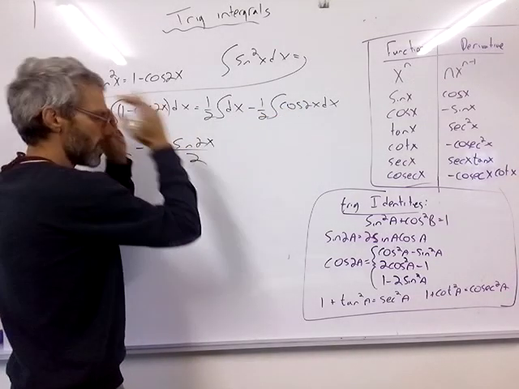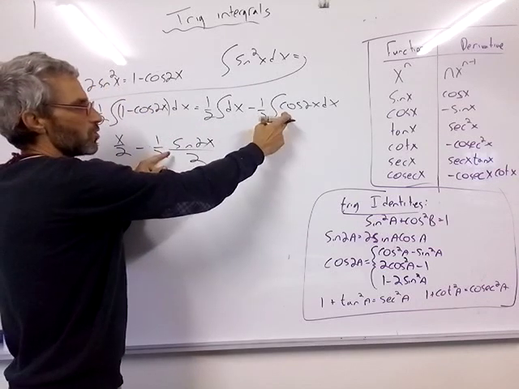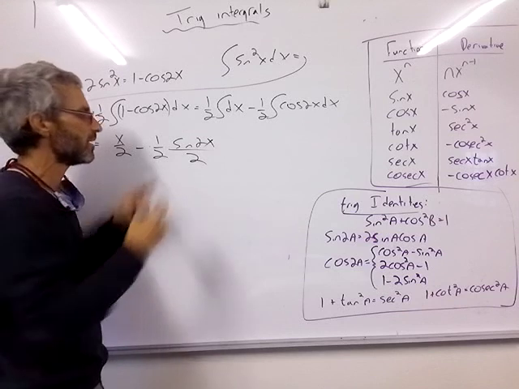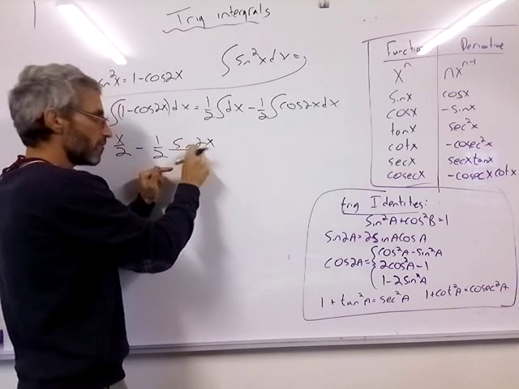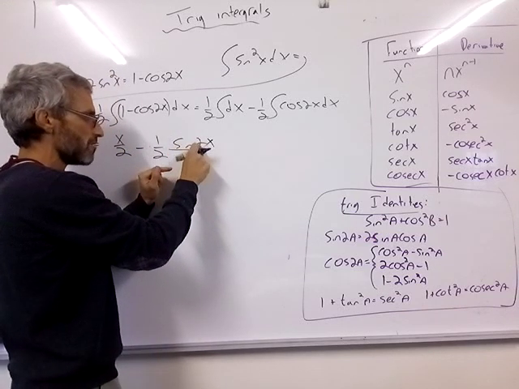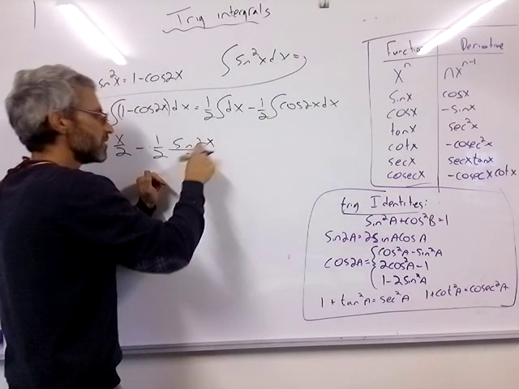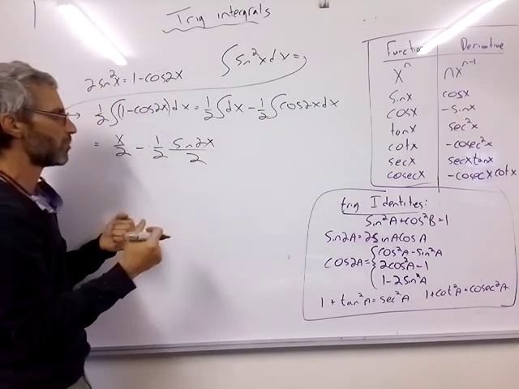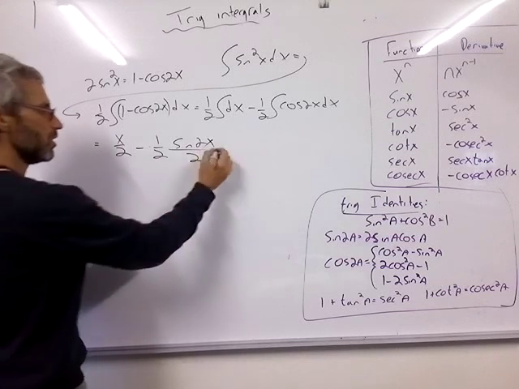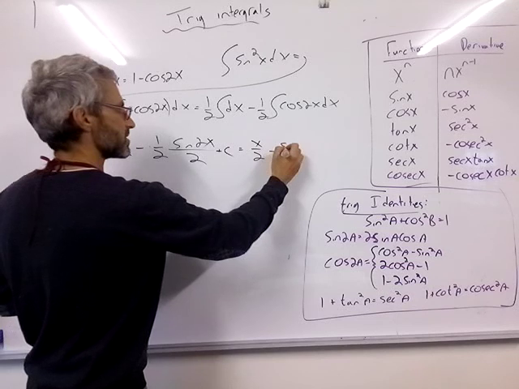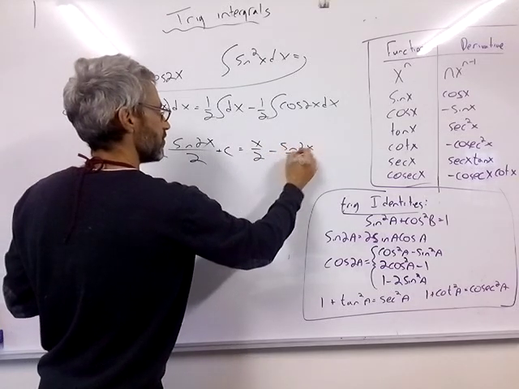Then I think in my head, what will be the integral of cosine 2x? It's going to be sine 2x divided by something. If I do the derivative of sine 2x, I should get cosine 2x. The 2 jumps out, I need to have something prepared to eliminate it, and that's dividing by 2. And then obviously plus c, so I'm getting x over 2 minus sine 2x over 4.